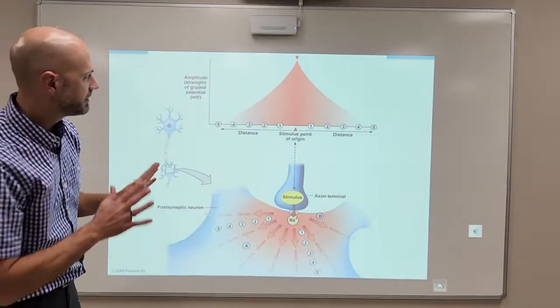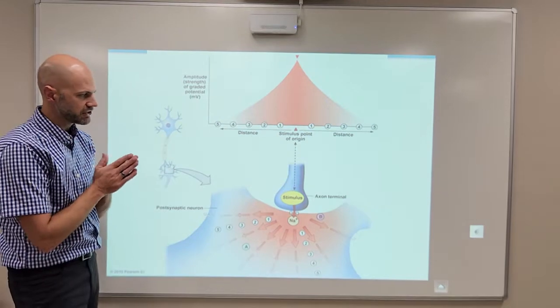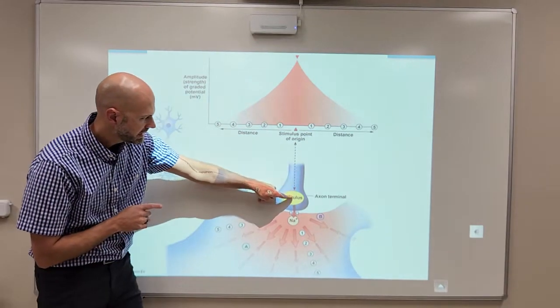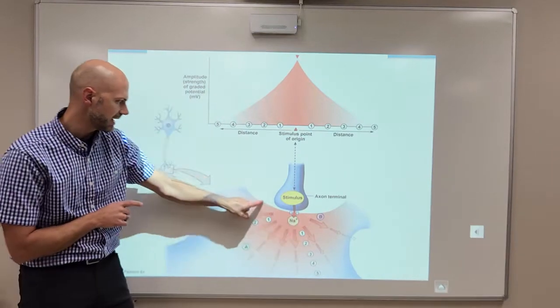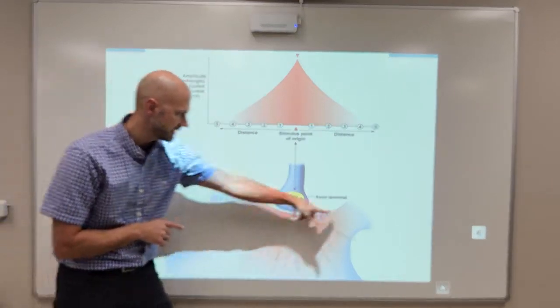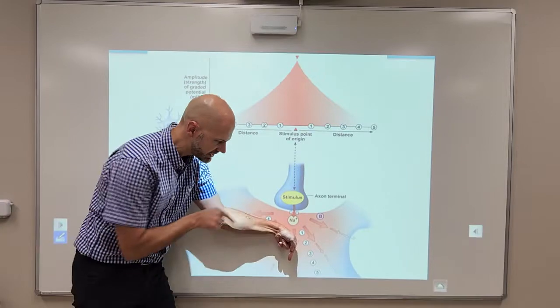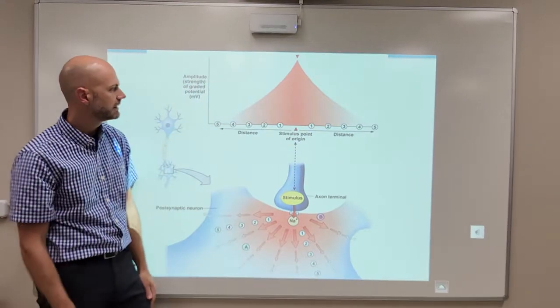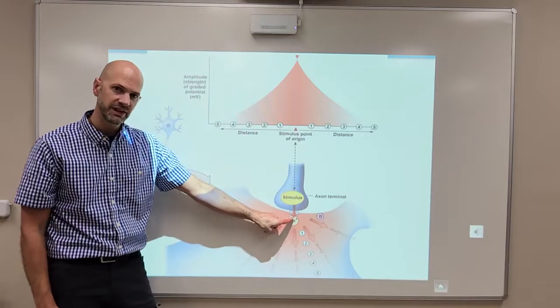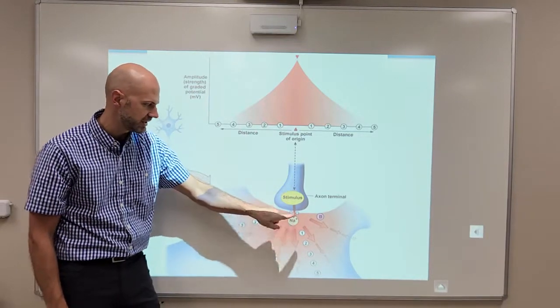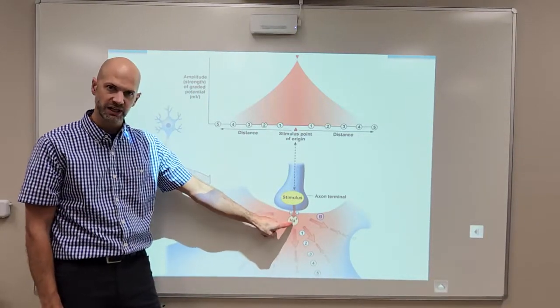All right, so here's a picture of a graded potential. Here's neuron number 1 synapsing with neuron number 2, and we're on the cell body here. Here's a dendrite, here's a dendrite, here's a dendrite. We have to head towards the axon hillock, which is off screen. Right here we have the strongest depolarizing event because the neurotransmitter here is opening sodium channels.